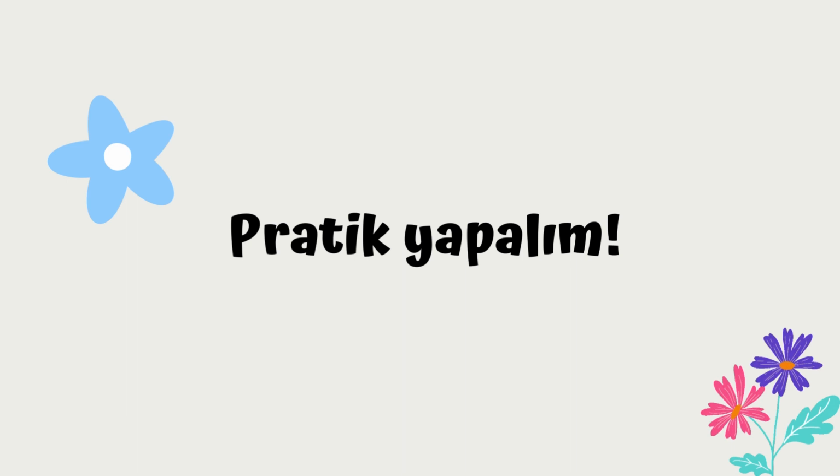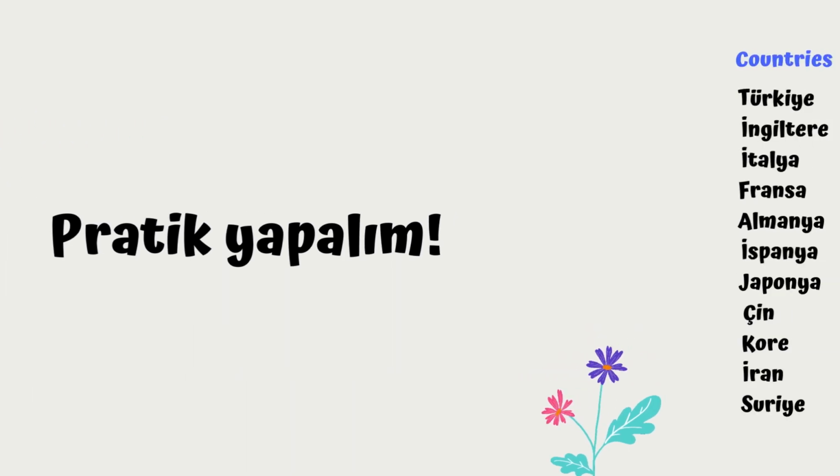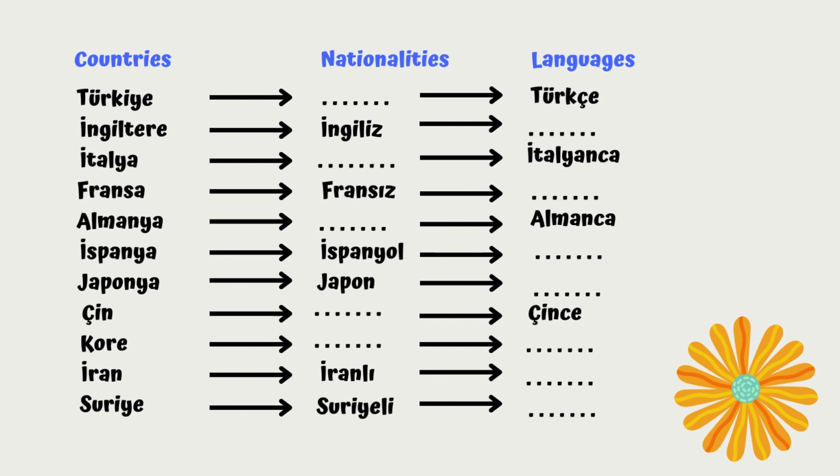Okay, let's practice a bit on word level first. So we have some missing information here. Can you fill them in? Let's do it together. Türkiye, Türk, Türkçe. İngiltere, İngiliz, İngilizce. İtalya, İtalyan, İtalyanca. Fransa, Fransız, Fransızca.